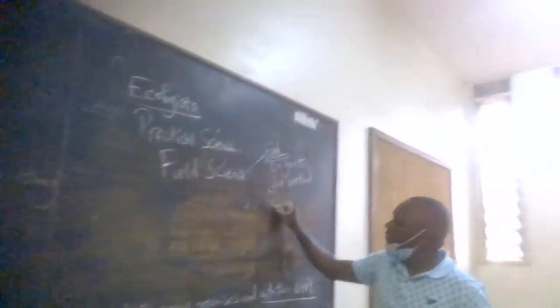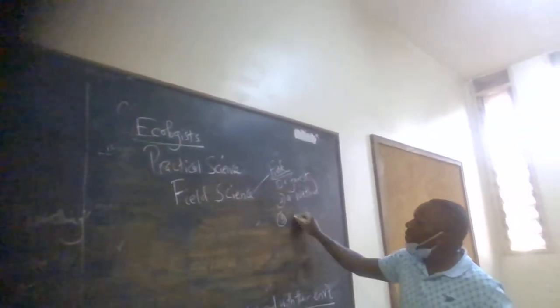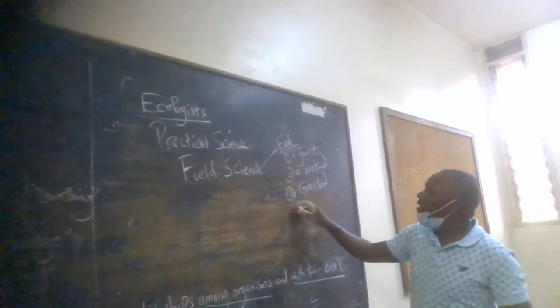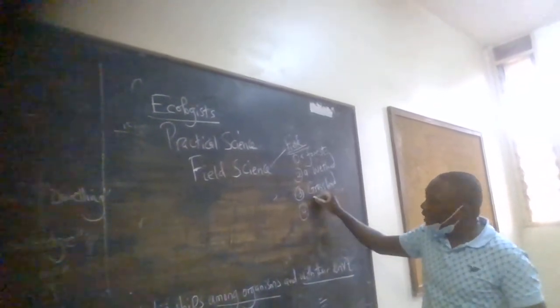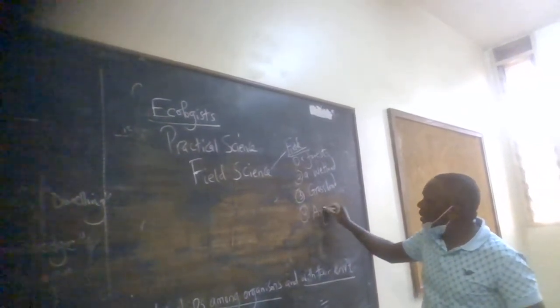Are we there? Yes. The field could be what? Savannah, or a grassland. You get the point? The field could be a water body. Are we there? Could be aquatic.